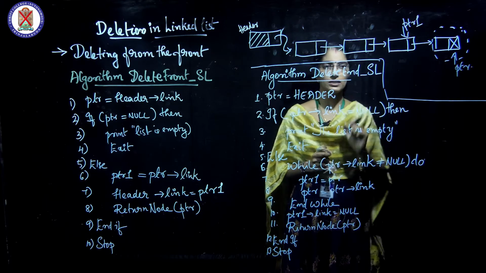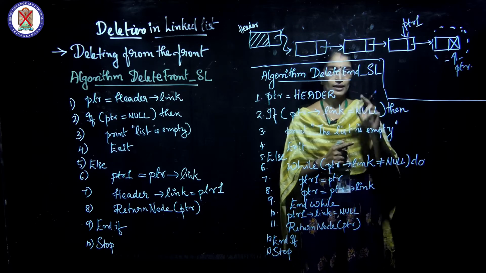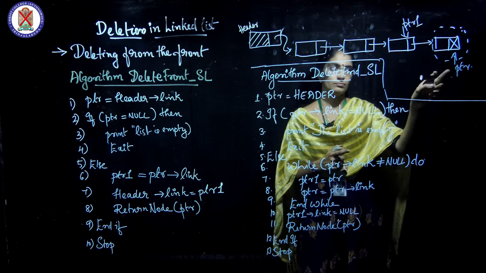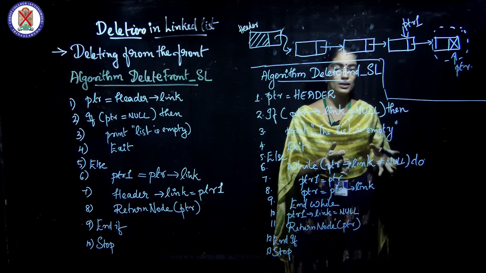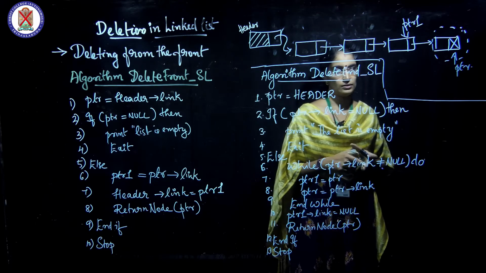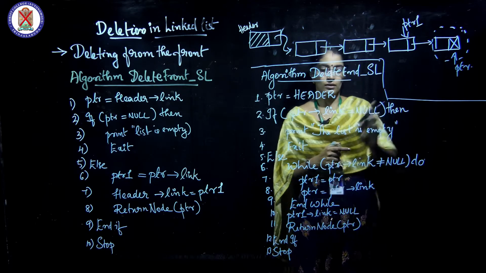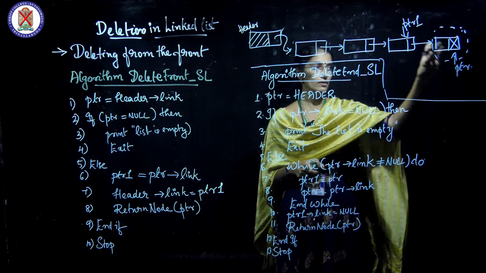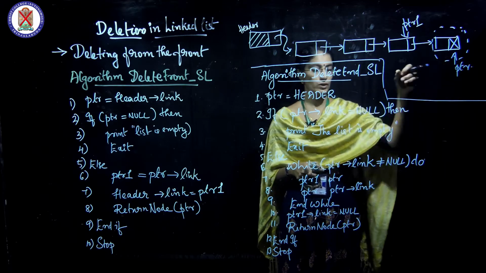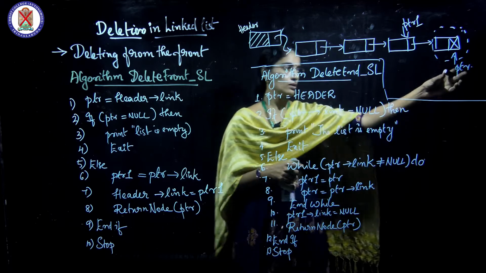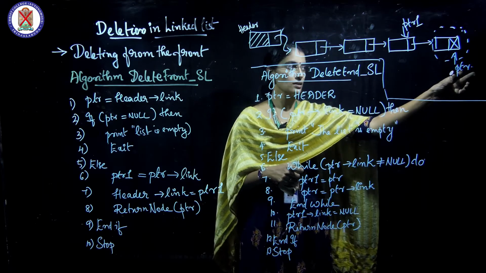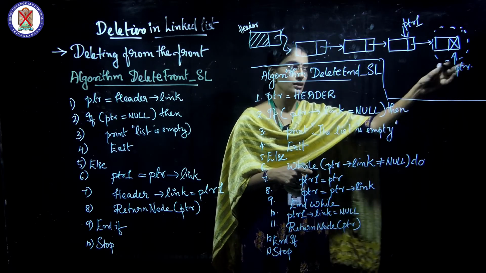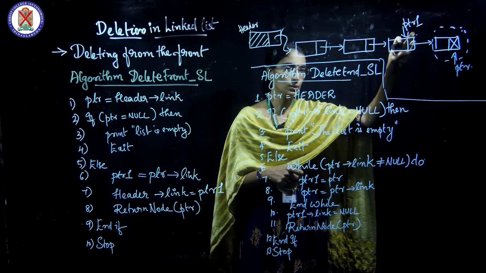Why is the previous node important here? Because now the previous node becomes the last node, and that is done with the help of PTR1. So when you go forward in the while loop, before incrementing the value of PTR, it is given to another variable PTR1.